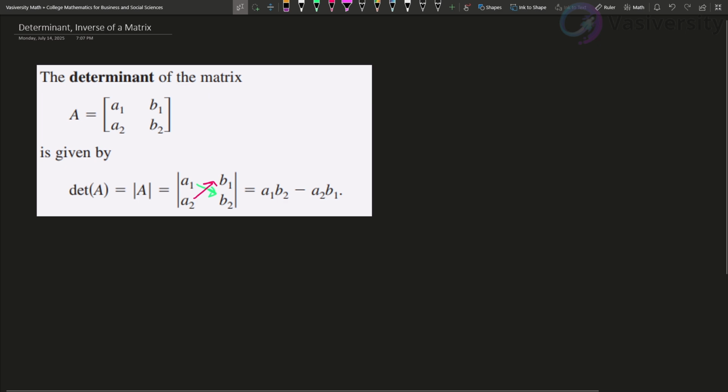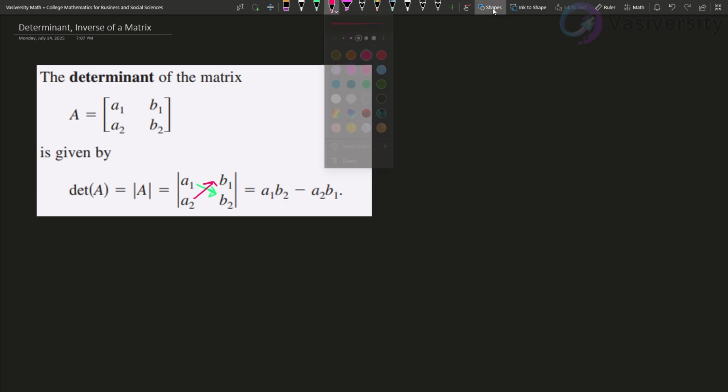The determinant has a lot of geometrical representation. Geometrically, we can find the area of a parallelogram if we let the vectors be a1, b1, a2, b2. This is more of a geometry topic, and I'm not going to be drawing it, but if we have a shape like this, this quadrilateral, we can define it as a matrix with the coordinate points.